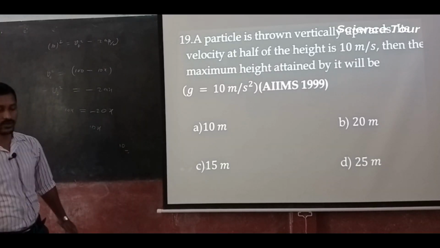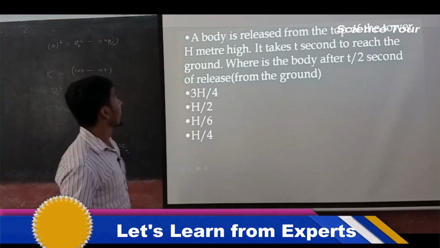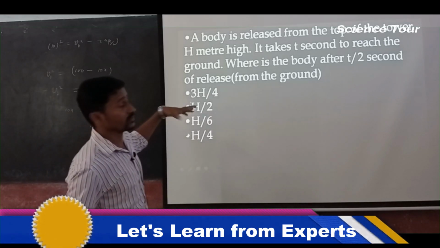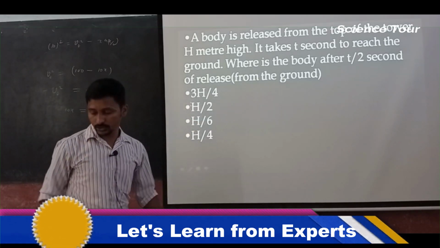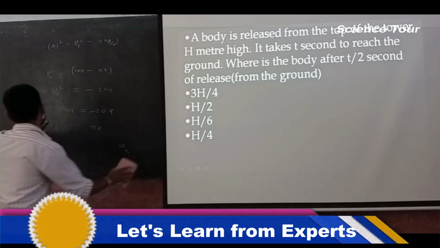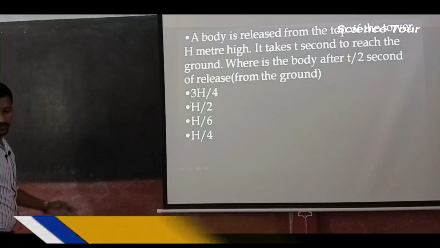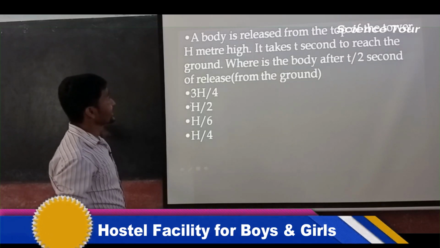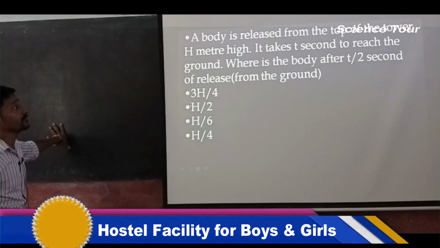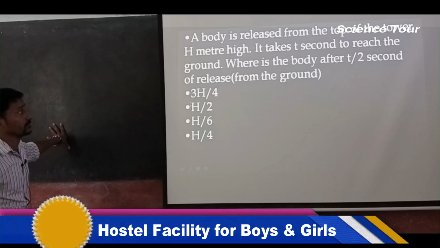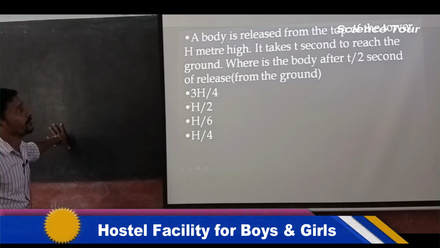This is the thing. Go to the next question. Actually it is the 22nd question. Go through it. ABCD options are mentioned. Now a body is released from the top of a tower h meter high.